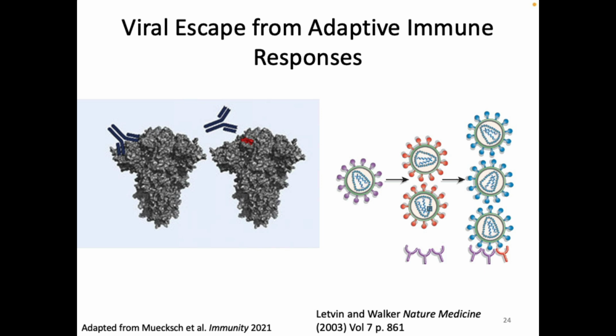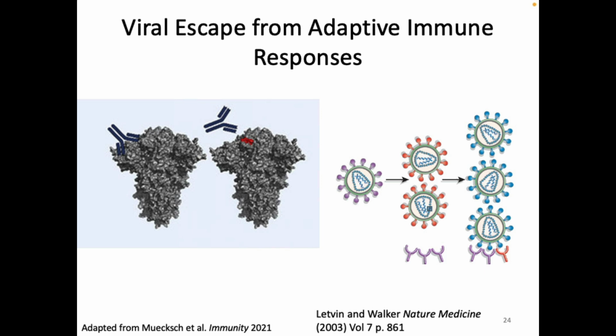This could be especially a problem if David was an inbred mouse who did not have a lot of diversity in his MHC. So that could happen. There are lots of well-known situations where we've seen that happen with certain viruses.